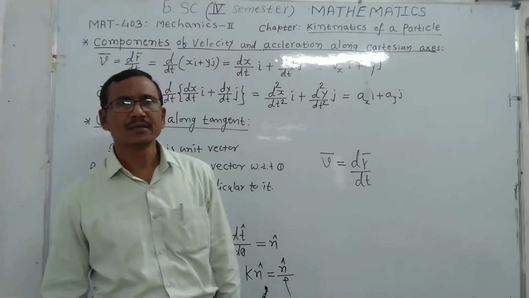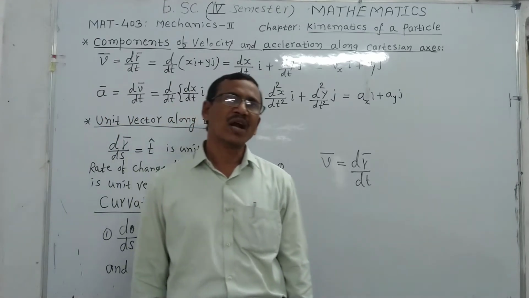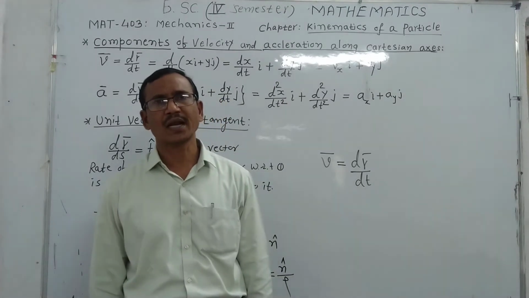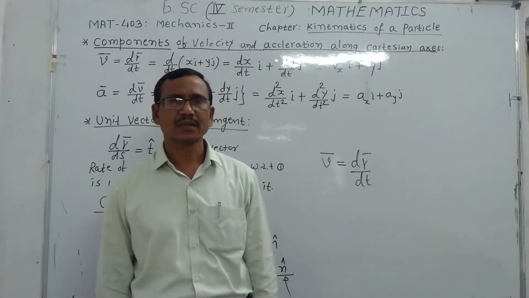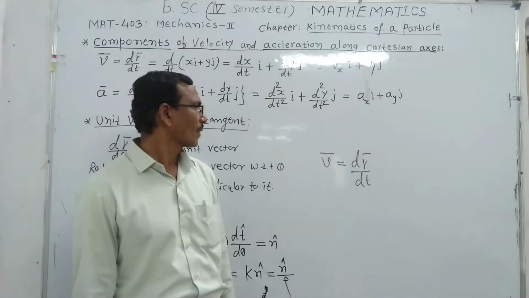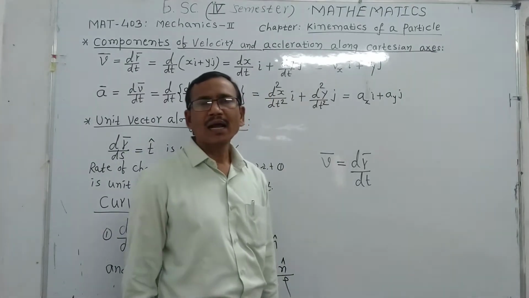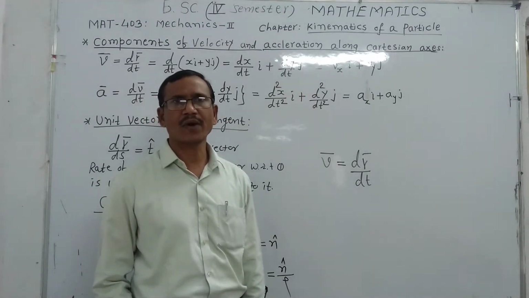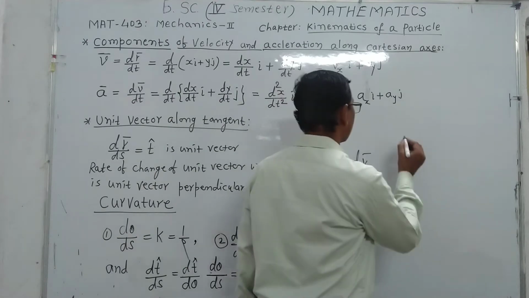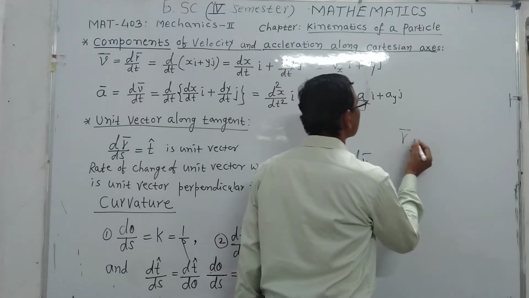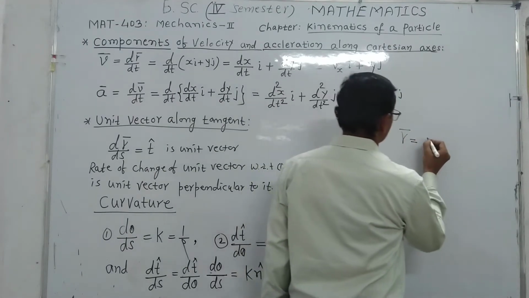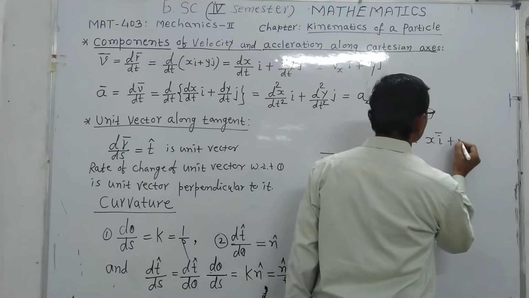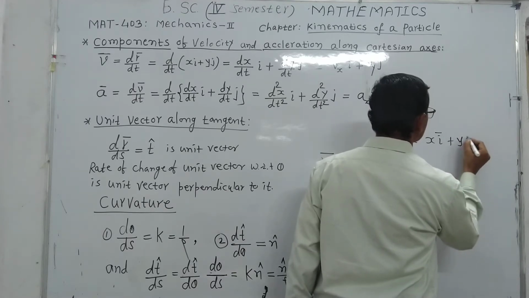As we want to find component along rectangular axis, where r bar is a displacement, and if i bar and j bar are unit vectors along x axis and y axis respectively, then this r bar is written as x i bar plus y j bar.